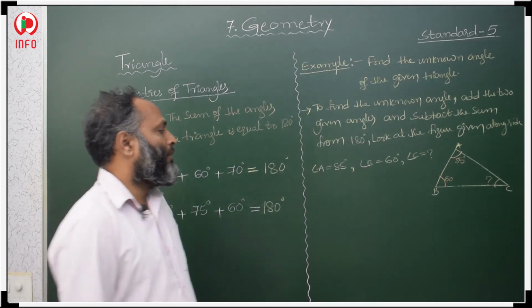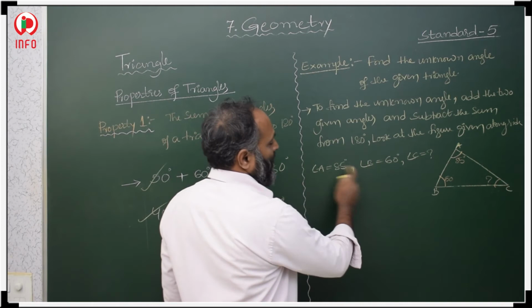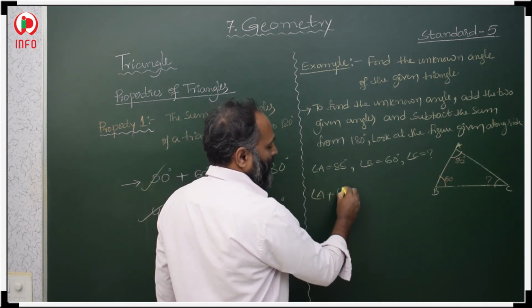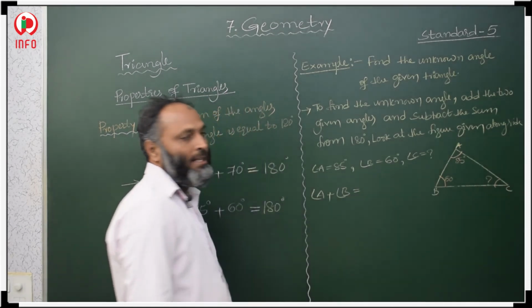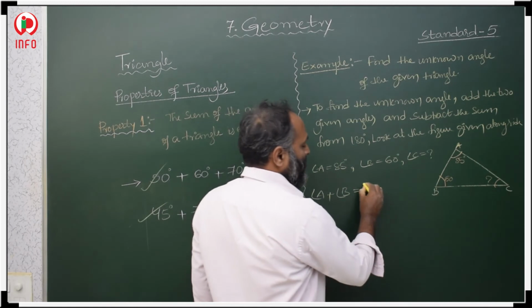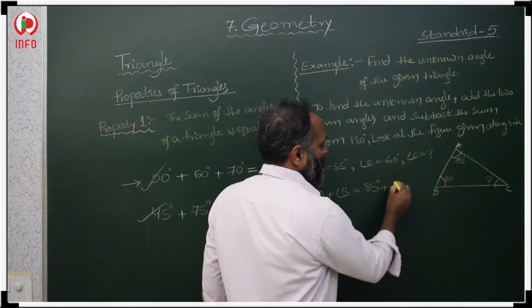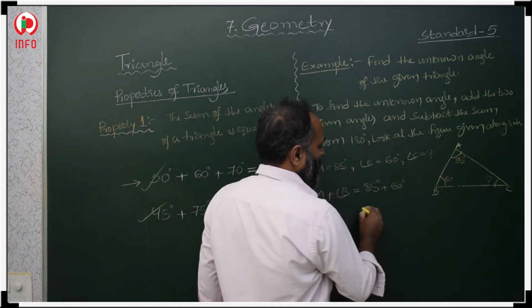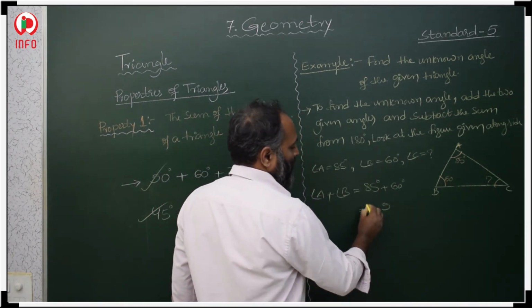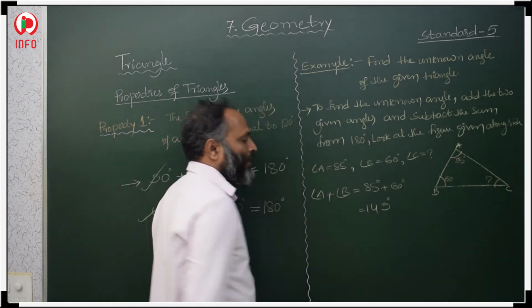So what do we have to do? First we have to add the 2 known angles, the sum of the known angles: 85 degrees plus 60 degrees. 85 plus 60, how much? 145 degrees.